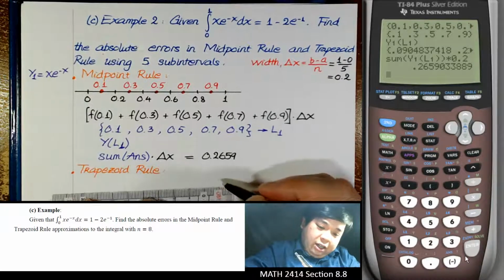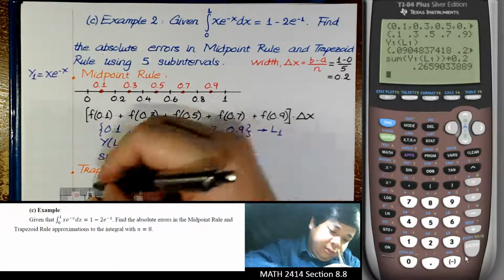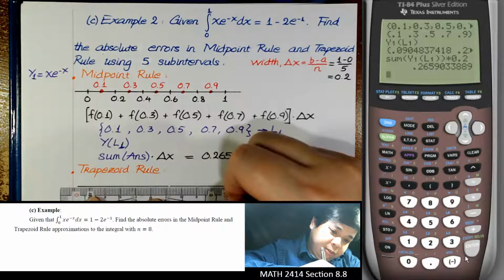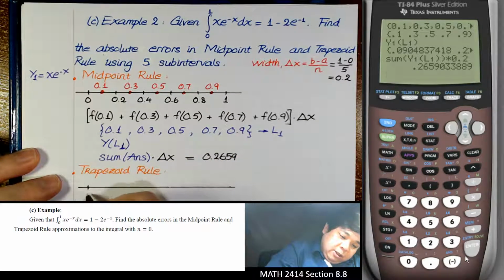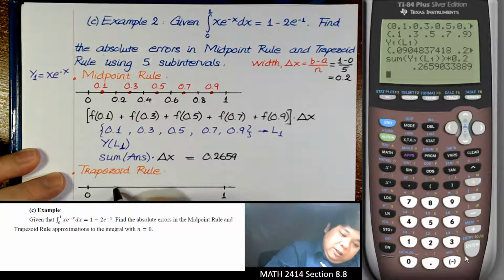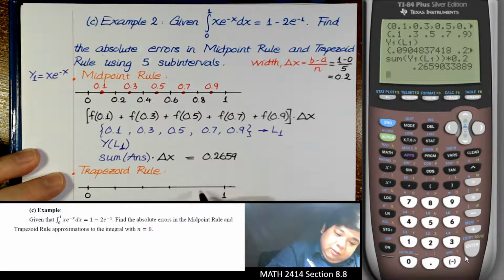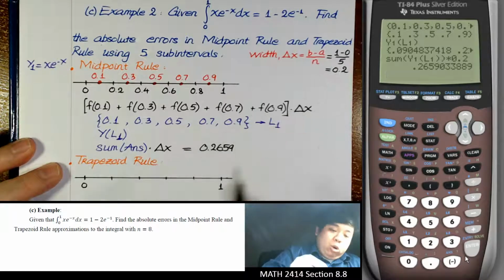Draw a line again. Zero and 1. And the width is still 0.2.